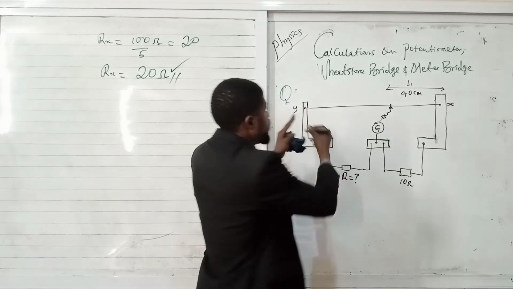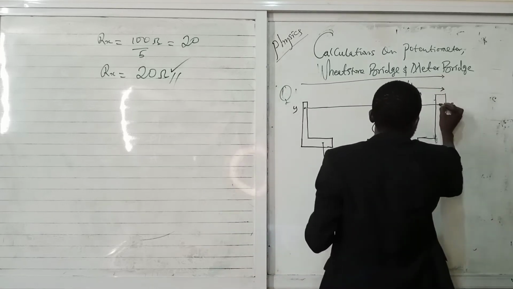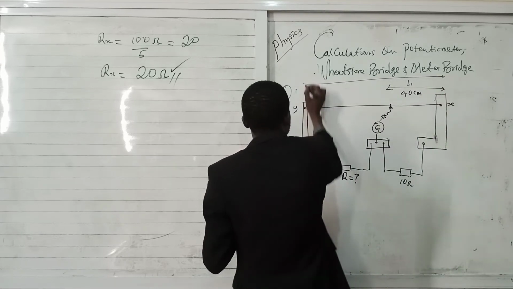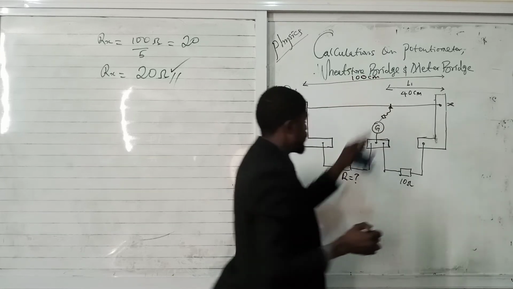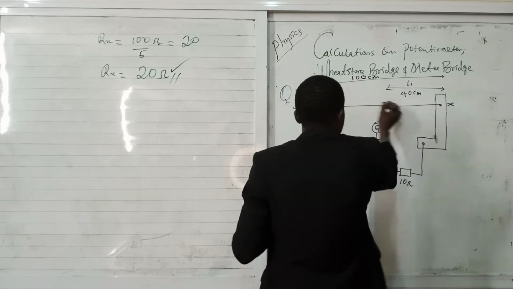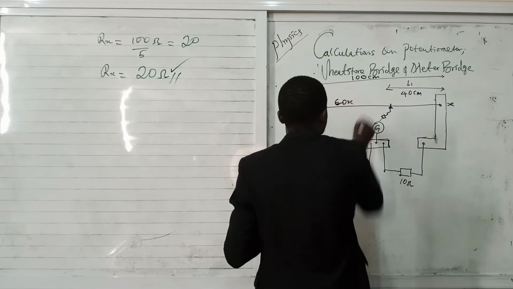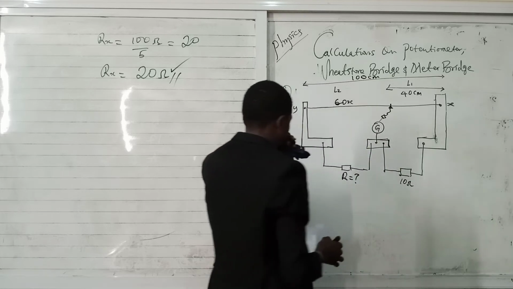So the full length is 100 cm. If here is 40, it means that 100 cm minus 40 from here to here is 60 cm. So our L2 is 60 cm.